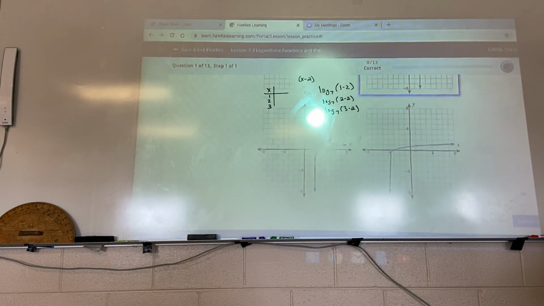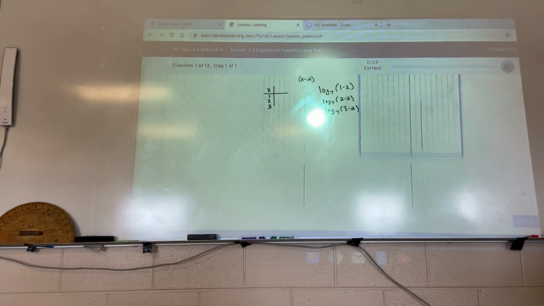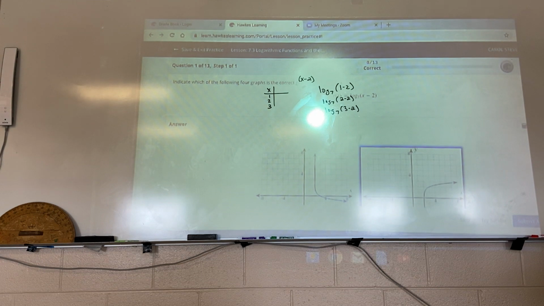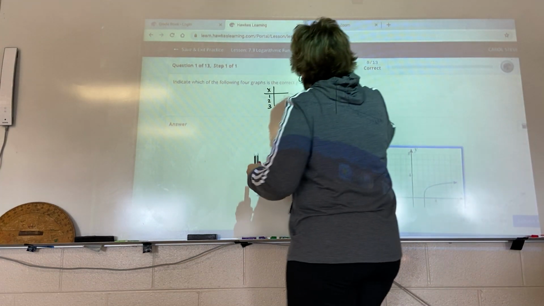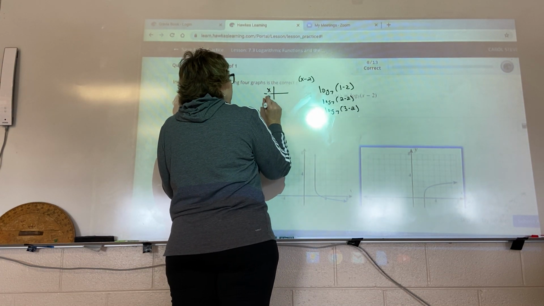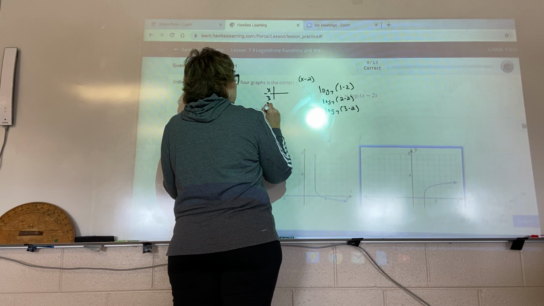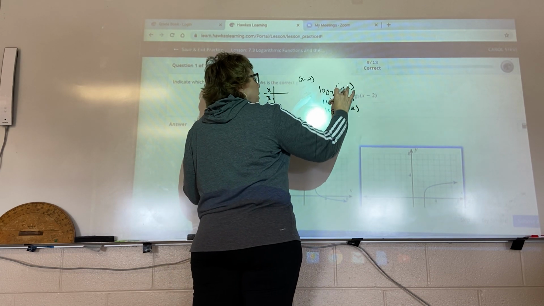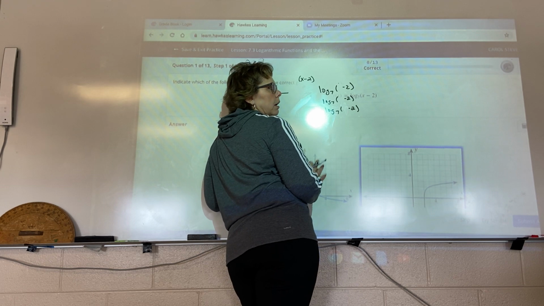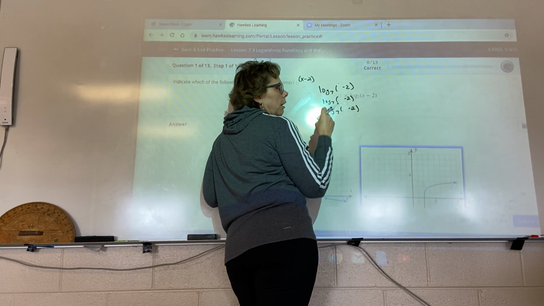So make up numbers beyond, think of your domain, 2. So go 3, 4, 5, and see what happens. So change these numbers to 3, 4, 5 if they're not coming up, and then see what you get. Okay? You can't take the log of a negative number.